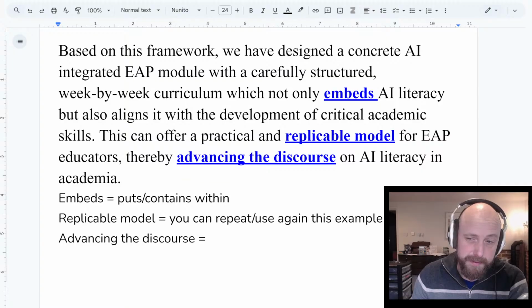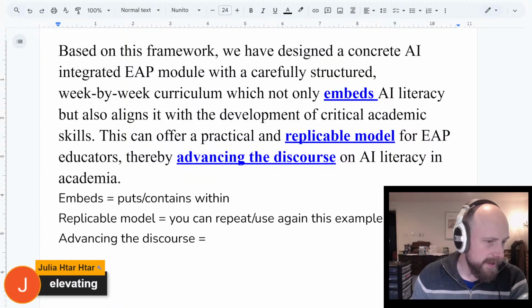Promoting? No. Elevating? No. Opening? No. Making it prominent?